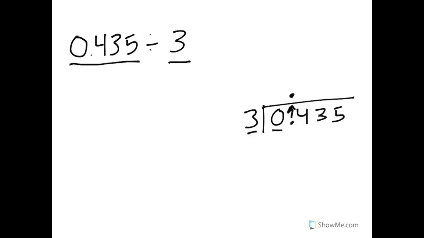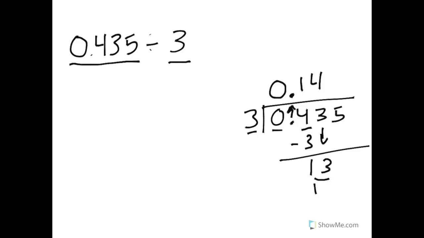Does 3 go into 0? It does not. 0 times. Okay. Does 3 go into 4? Well, yeah, it does. It goes in 1 time. 1 times 3 is 3. I'm going to subtract. That gives me 1. Bring down my 3. Does 3 go into 13? 3, 6, 9, 12. It does. 4 times. 4 times 3 is 12.